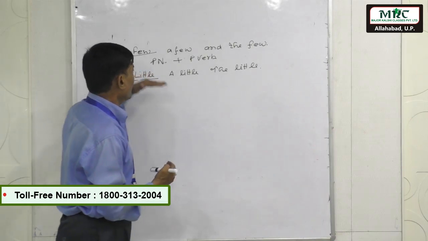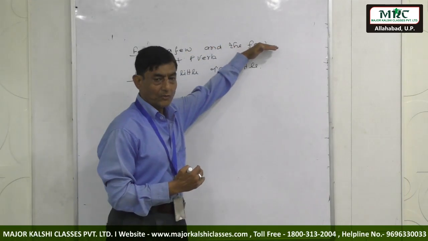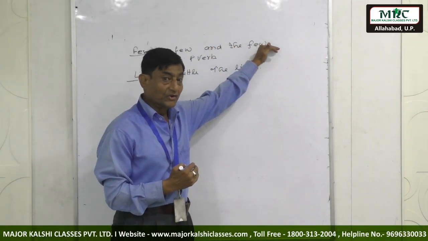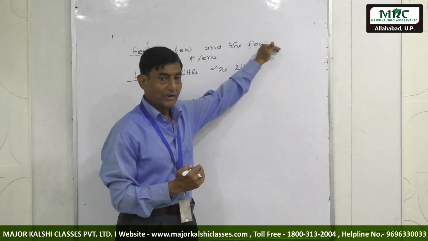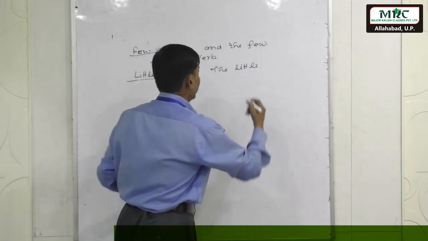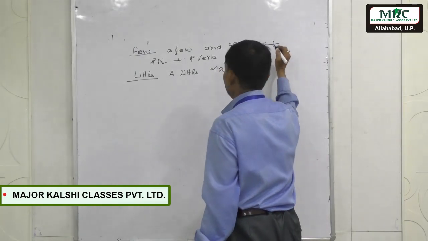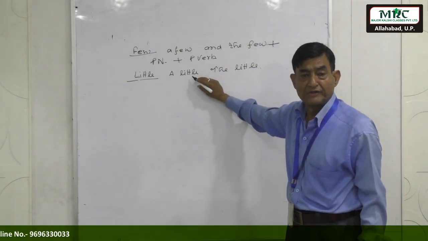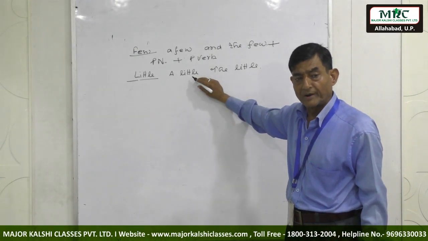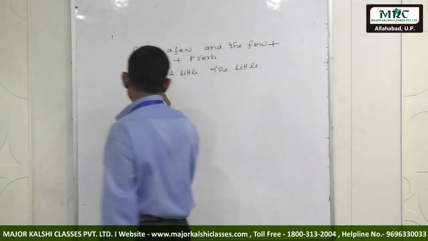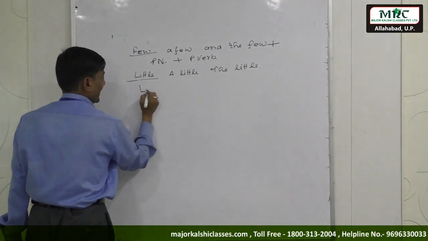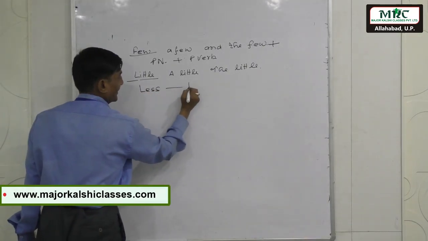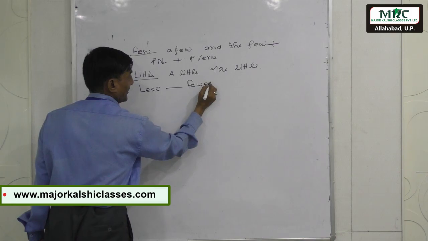Sometimes few, a few, and the few are used with uncountable nouns. It has to be taken care that few is always used with countable nouns and little is always used with uncountable nouns. In the same way, we generally find errors with less and fewer.